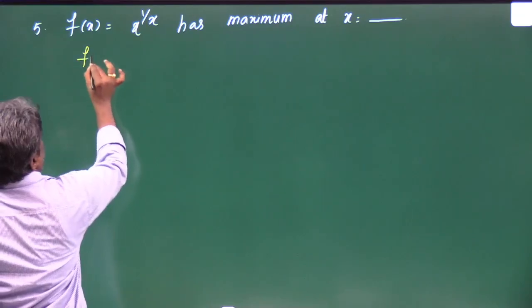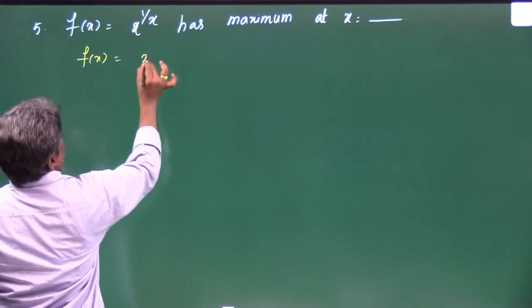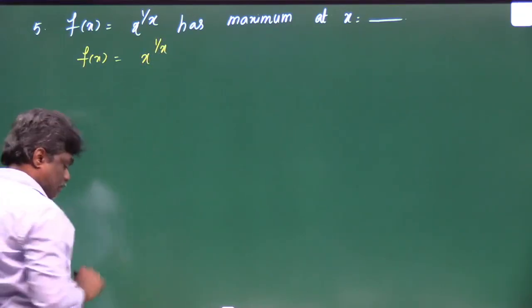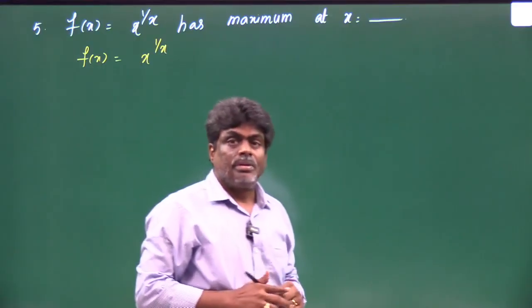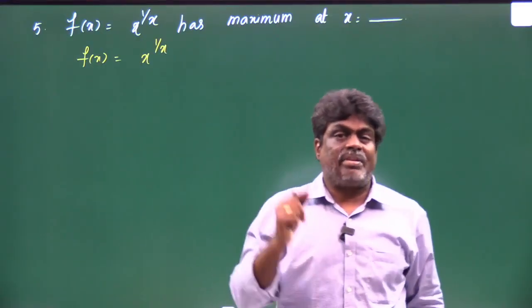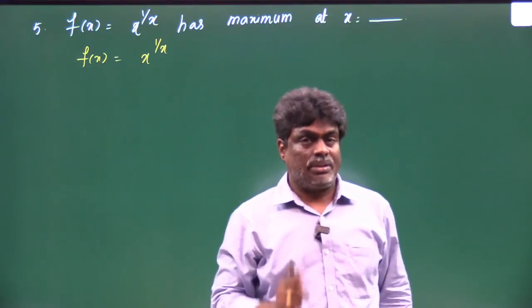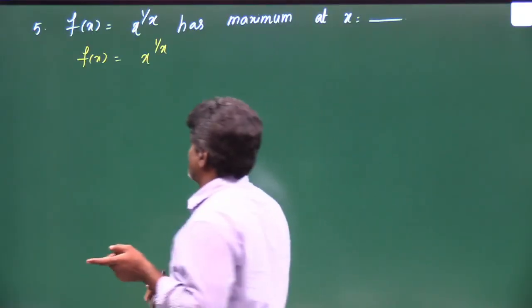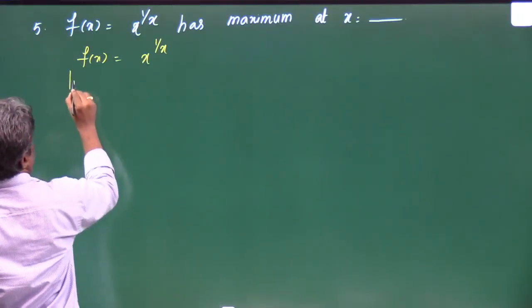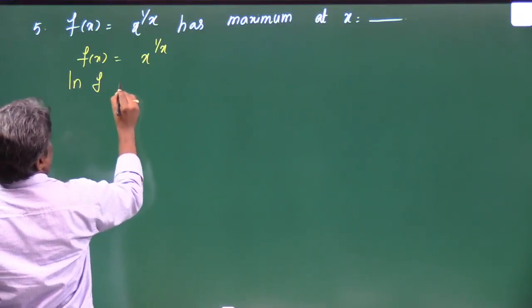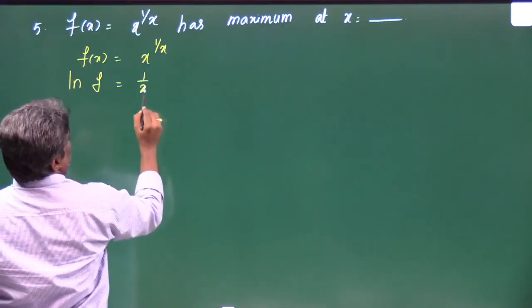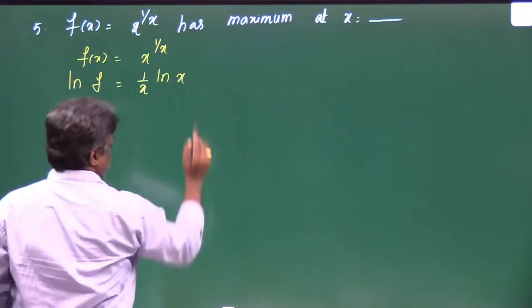The given function is f of x equal to x power 1 by x. Earlier I told you, whenever the exponent is a variable, if you want to differentiate it, you have to apply logarithmic differentiation. Apply logarithm on both sides. Log f equal to 1 by x into log x.